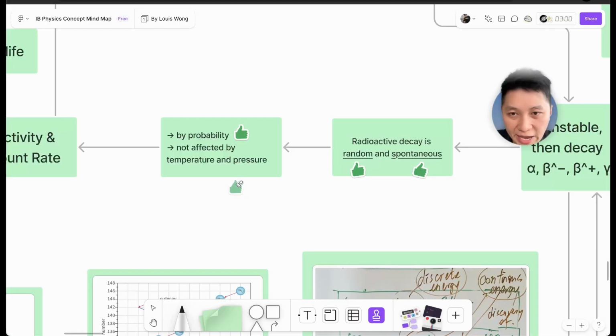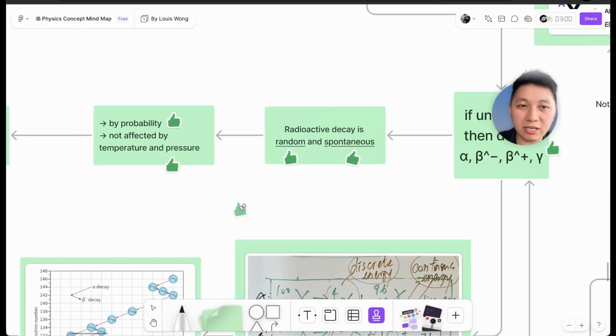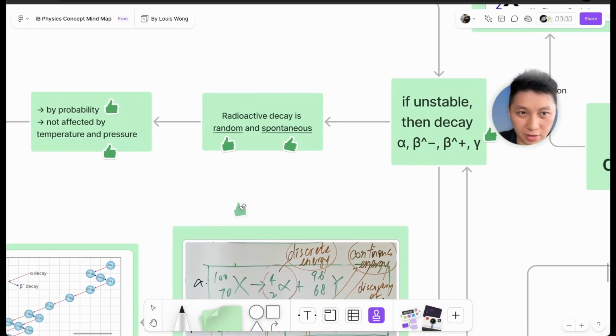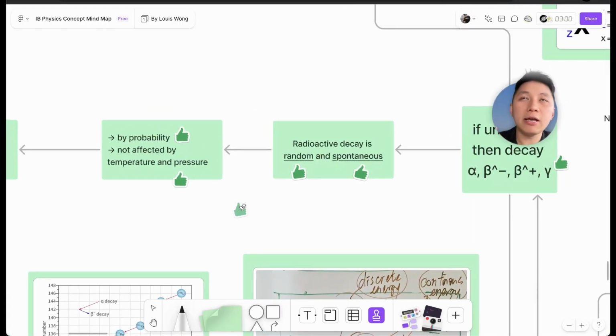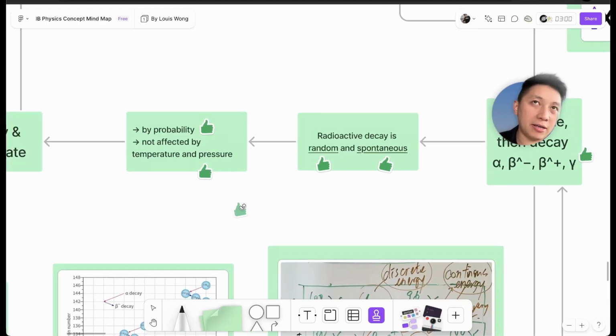In terms of spontaneous, it means it just happens naturally, but at the same time, more importantly, compared to chemical reactions, because these actually are nuclear reactions, and they are different. Alpha, beta, gamma are nuclear reactions, while for chemical reactions the behavior or properties are different.